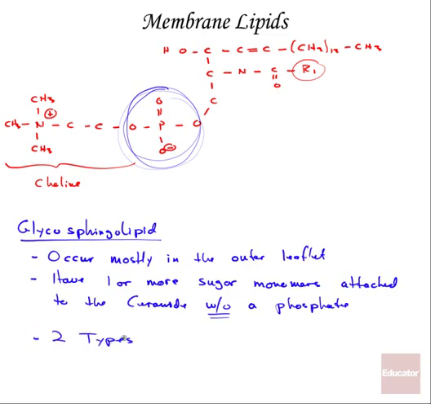Again, I personally think all of this extra classification is completely unnecessary, and I think it complicates matters. So I hope that I can make it as clear as possible. I think too much classification really is not a good thing. But the material is presented like this, so we'll go with what they have. So our first type is going to be the cerebrosides.